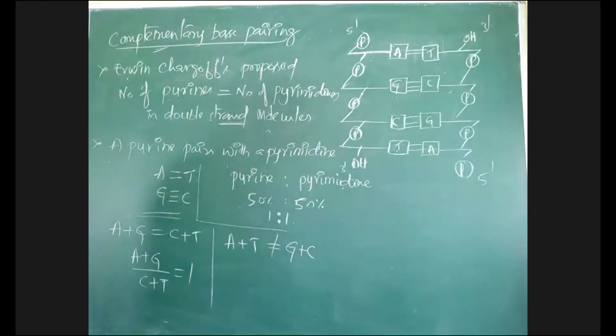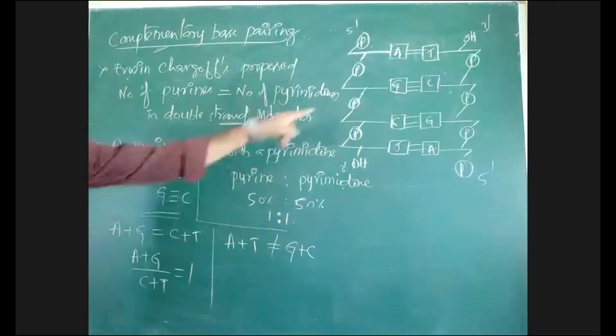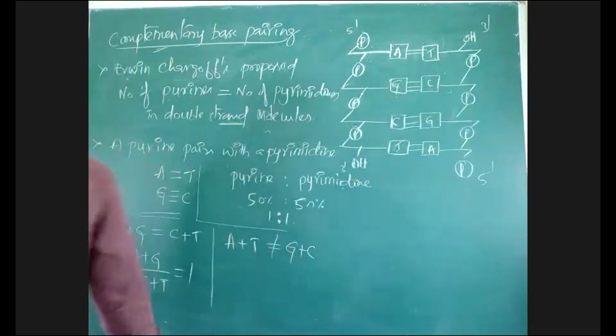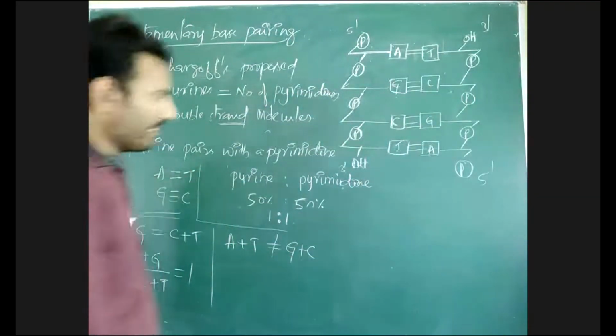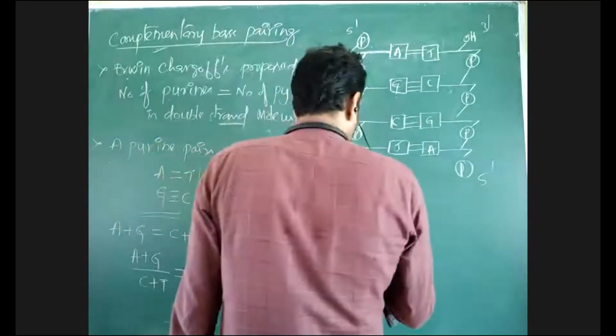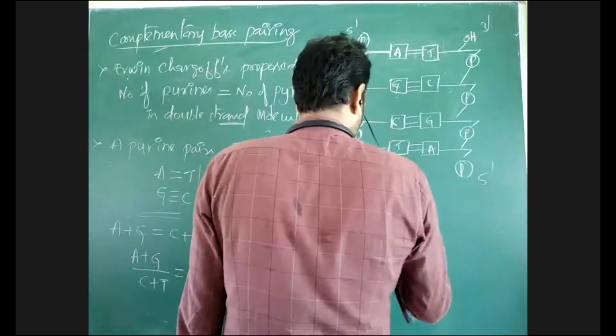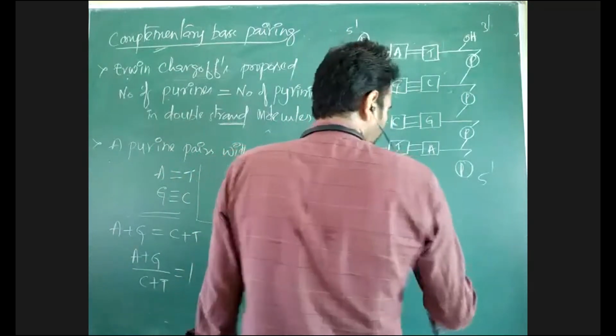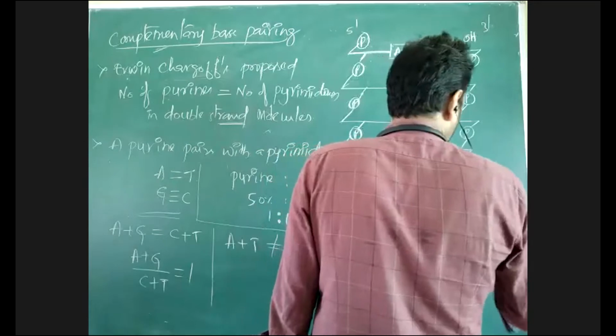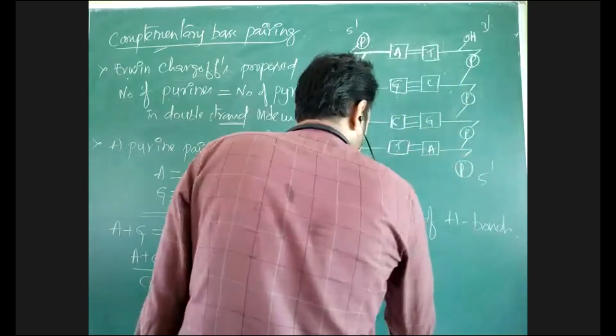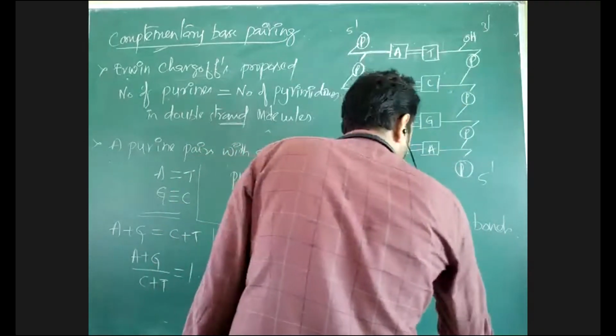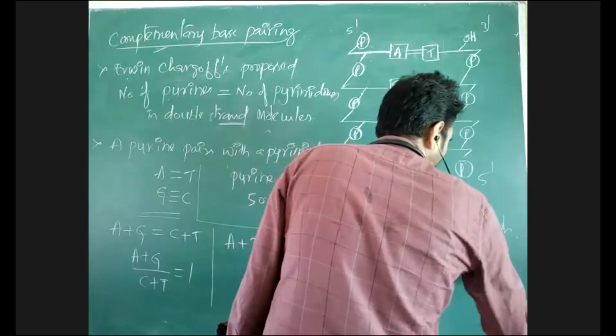Chargaff's law explained that. And the presence of hydrogen bonds was observed by a scientist called Pauling. Write that name: the presence of hydrogen bonds was determined by a scientist called L.C. Pauling.